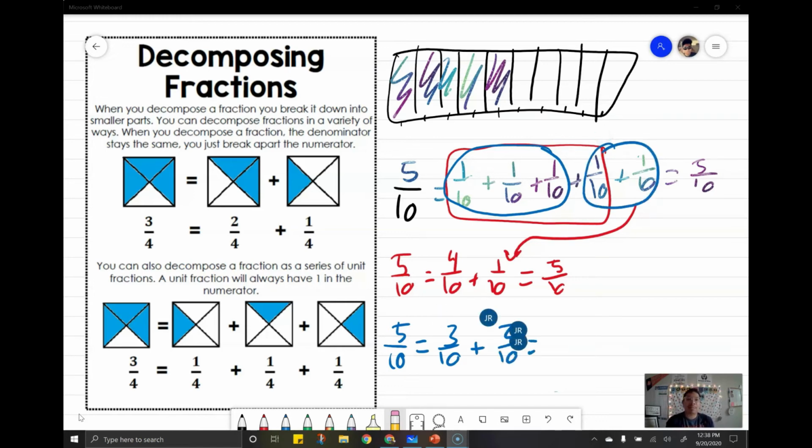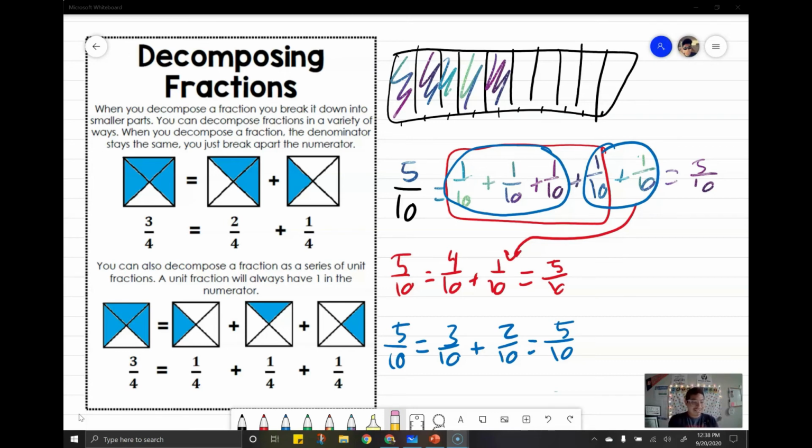And let's see if I got them correct. 3 plus 2 is 5, and that's 10. It's the same thing, 5/10. Is there another way? Is there like a lot more ways to do this? Yes, there is. There is my way, there's your way, there's breaking it down into its unit fractions. There's so many different ways that we can do this. Isn't that cool? Yeah, that's cool.